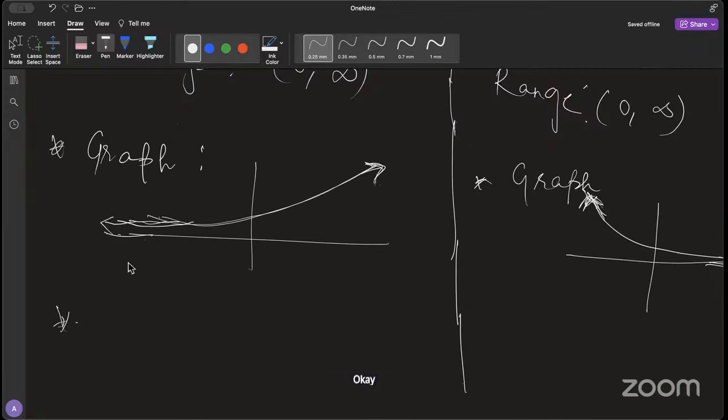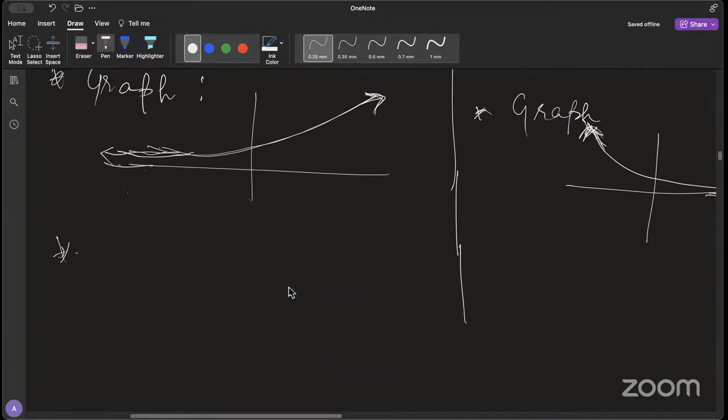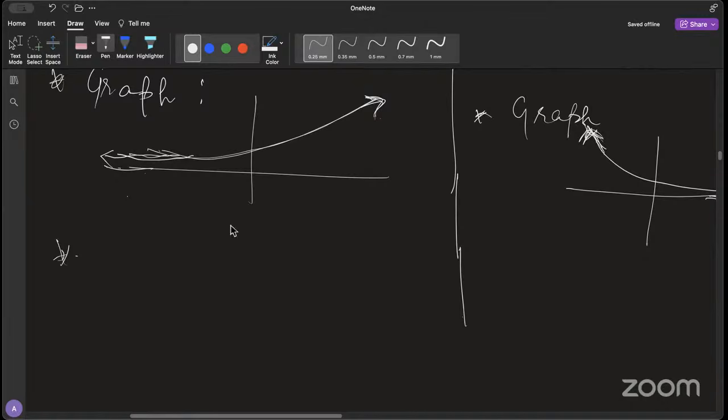Okay. So then we have this thing. And this point is, what is this point called? Y-intercept. Y-intercept, right?